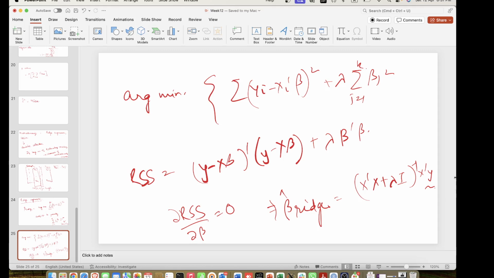Okay, so this singularity, when we have a large number of correlated rows, is avoided by adding some values to the diagonals and removing the singularity, and then inversion is possible, and we get the ridge estimate.